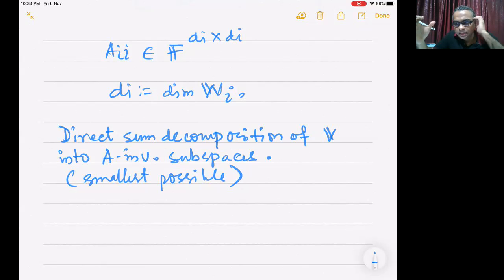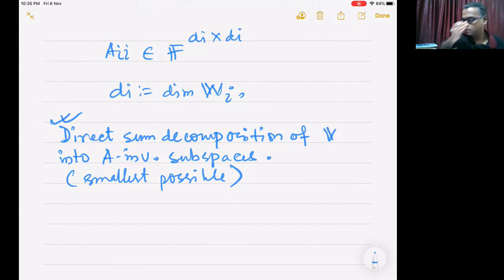In that case, the linear operator represented in terms of the basis obtained from these subspaces will have the structure of a block diagonal matrix which cannot be further decomposed. Right? Now the question is, how do we get these A invariant subspaces? So how to get this direct sum decomposition? That will be the subject matter of the next module.